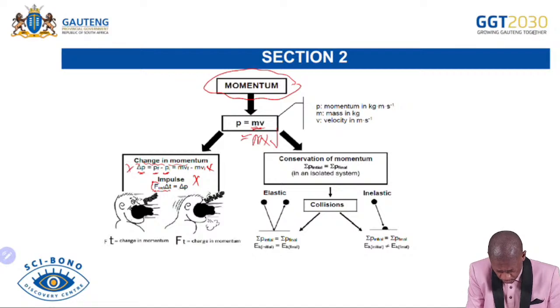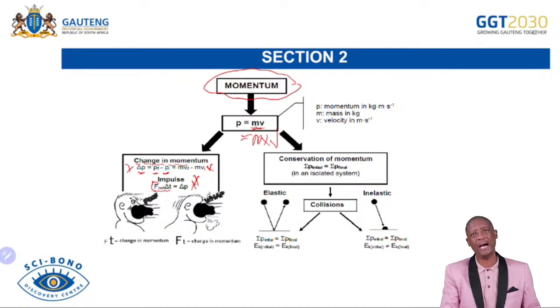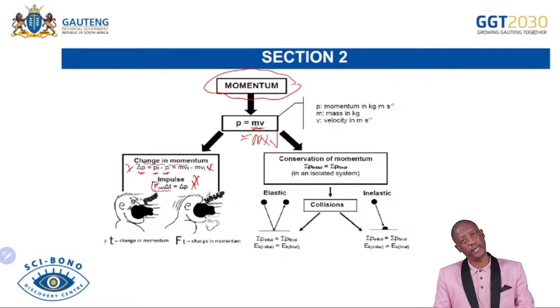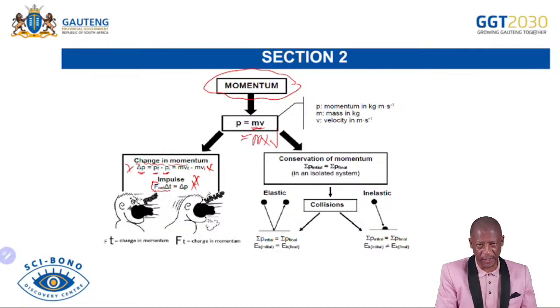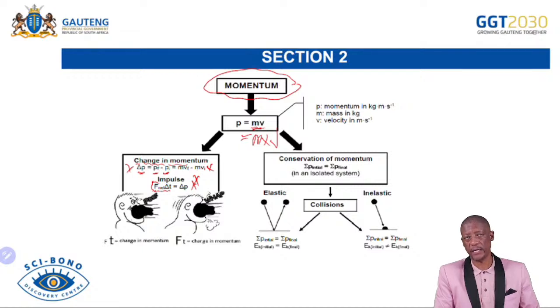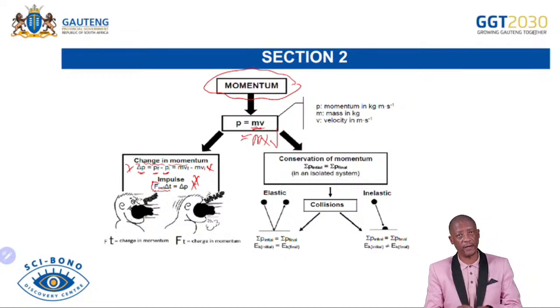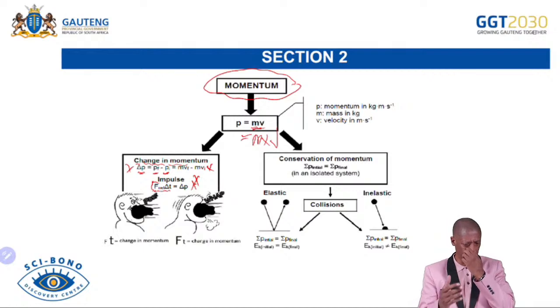We know this formula, it can come here. Now, we don't define impulse as a change in momentum. That is wrong. That is the impulse-momentum theorem, right? We've defined impulse, I gave you the terminology.